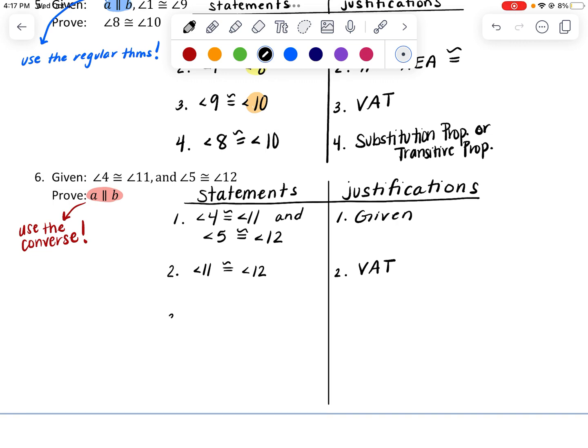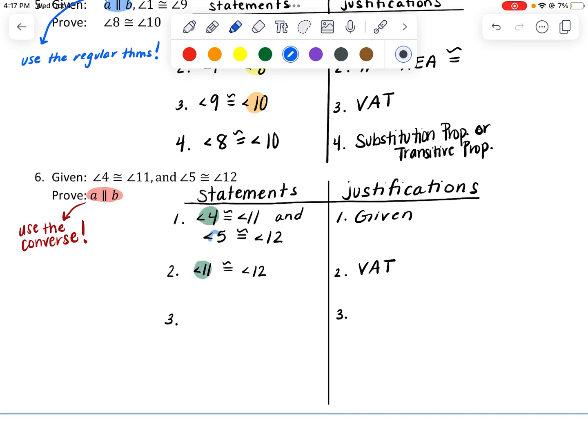My next step is I want to connect angles 5 and 4. So I know that 4 is congruent to 11 and 5 is congruent to 12. So 4, let me use my highlighter, 4 can substitute for 11.